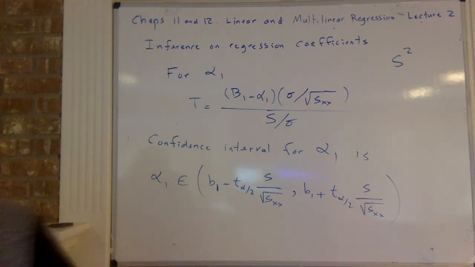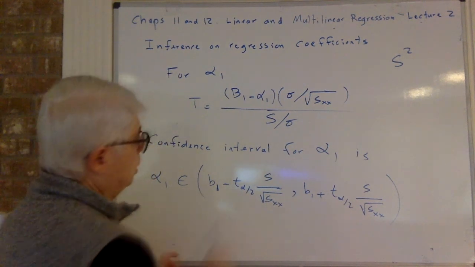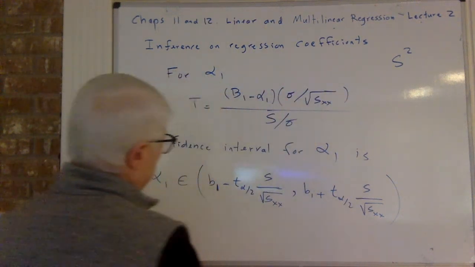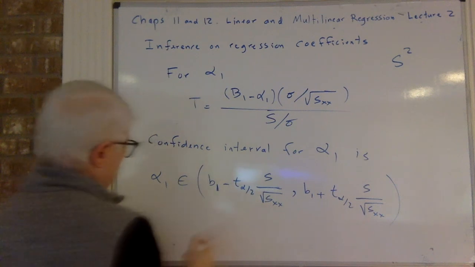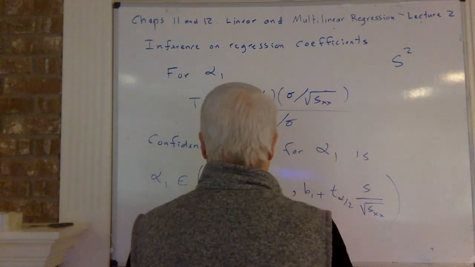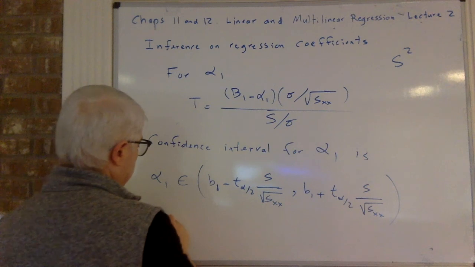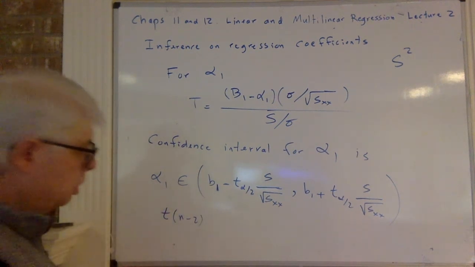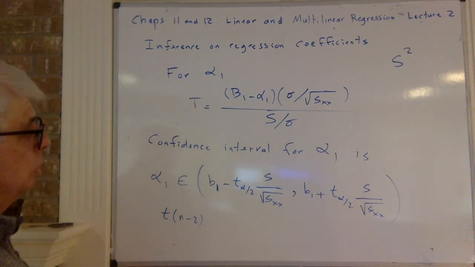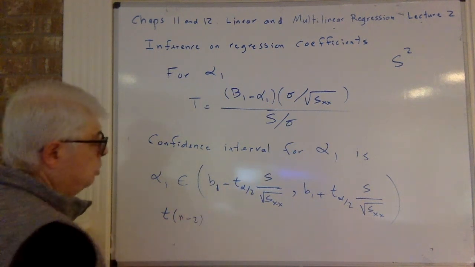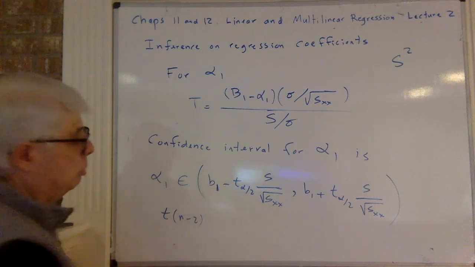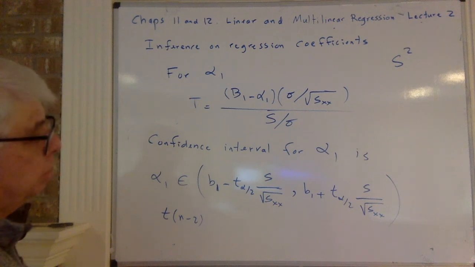And this s is the calculated value for that s. This has a t-distribution with n minus 2 degrees of freedom. So t alpha over 2 comes from the t-distribution with n minus 2 degrees of freedom, and b1 is what you calculated, and that is the confidence interval.